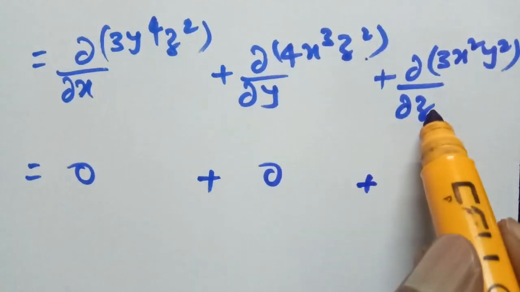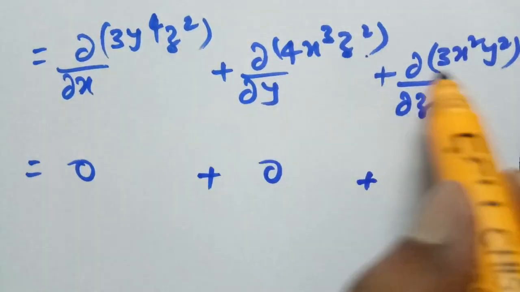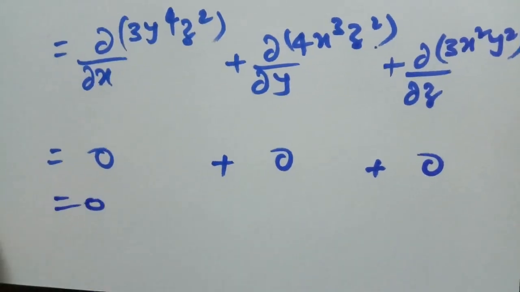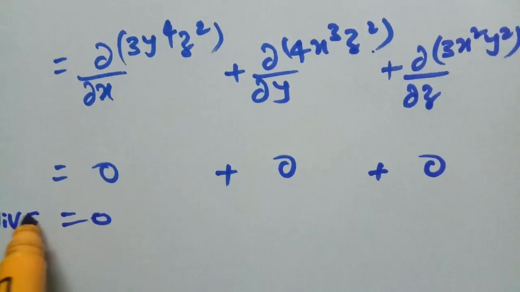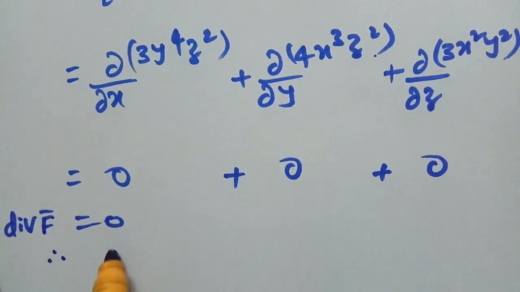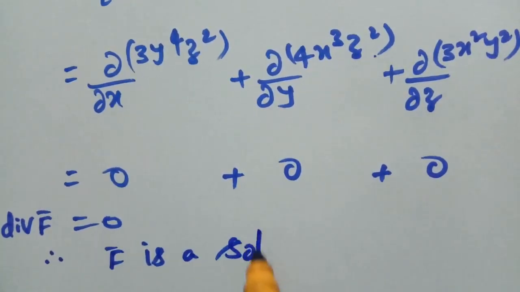Plus partial derivative with respect to z, as there is no z here, all are constants, therefore 0. Therefore, this is equal to 0. Therefore, div f bar is equal to 0.